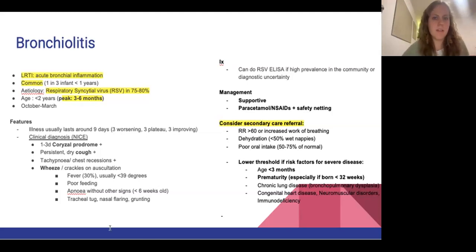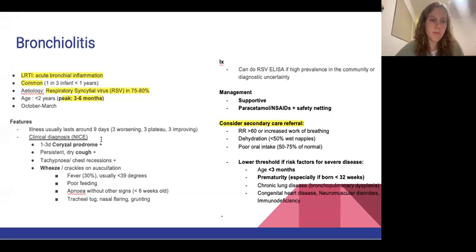It's mostly a clinical diagnosis. If you're unsure, you can do a swab for RSV, but usually it's not really done. It's usually just clinical. And it lasts around 9 days, which is quite good to know, because if someone arrives to hospital and it's been going on for a very long time, then it's unlikely to be bronchiolitis.